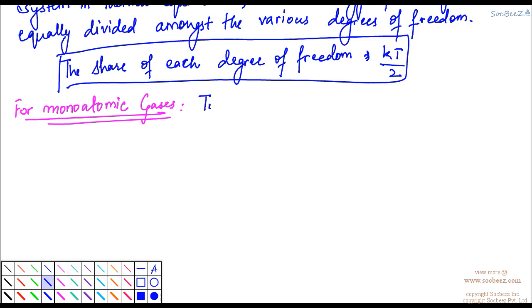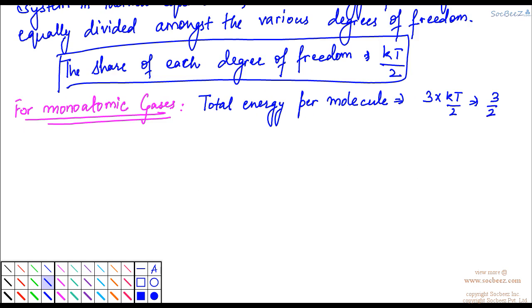So total energy per molecule is nothing but 3 times the energy per degree of freedom, that is kT by 2. Therefore 3 by 2 kT.